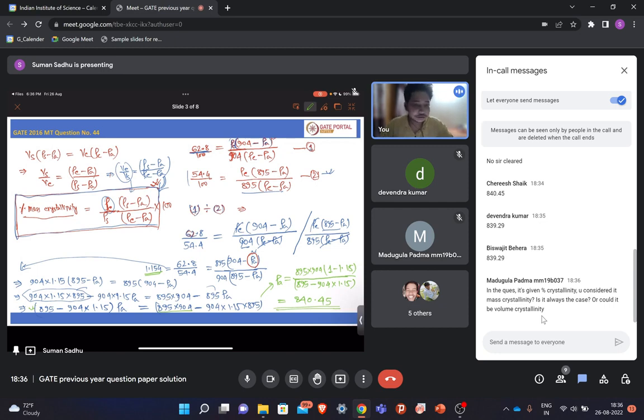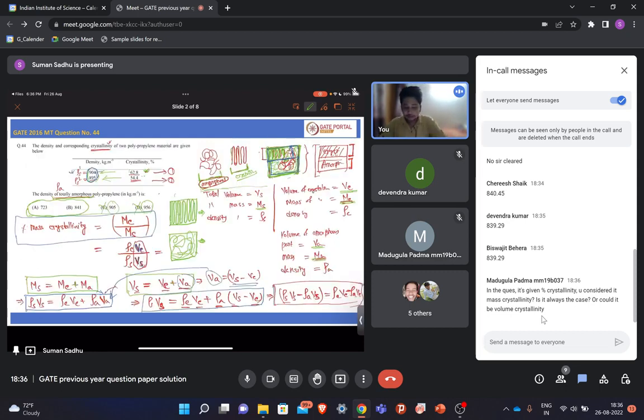Okay, so your question is, it is given percentage of crystallinity, you consider it mass crystallinity. Crystallinity is basically defined in terms of the mass crystallinity only. So volume is not a way to define that percentage.